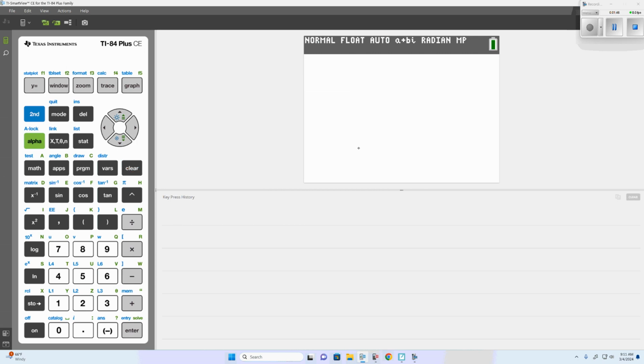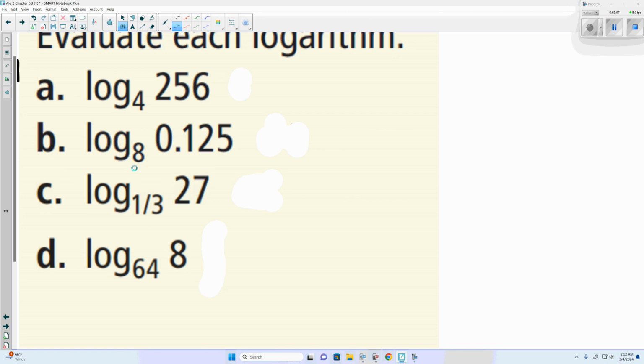Now, as we've stated already, we can't just use the log button, because both calculators have that log button, the base has to be 10. Because if the base is 10, we can use the log button, everything works fine. But if we look at the first problem, A is log base 4. So we can't just plug it in.